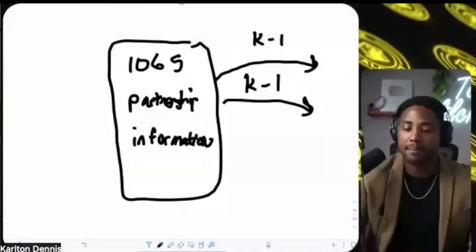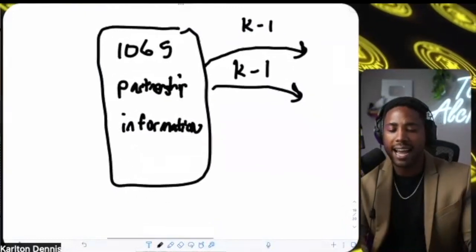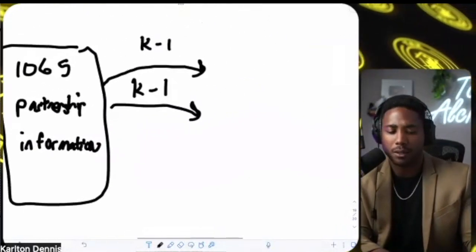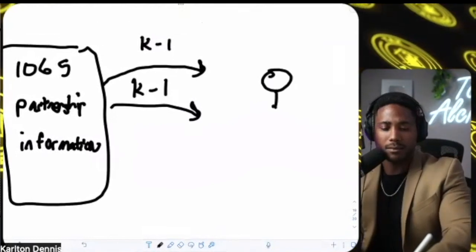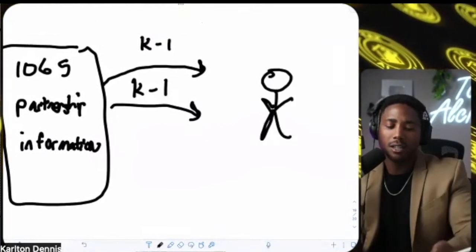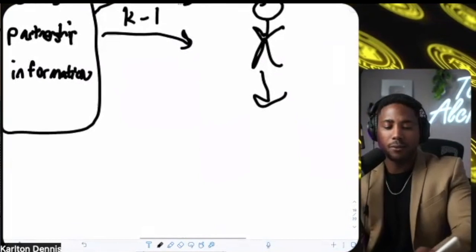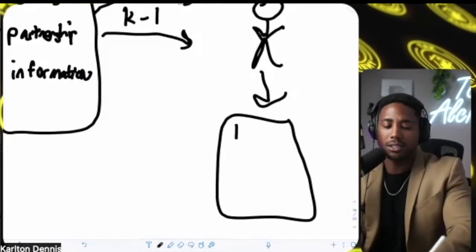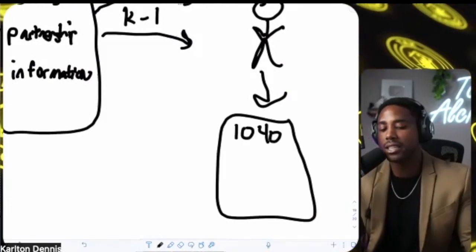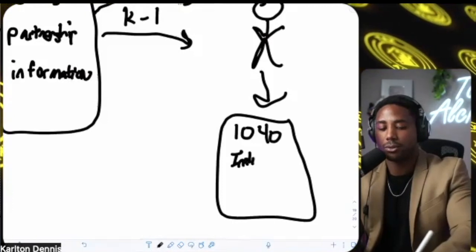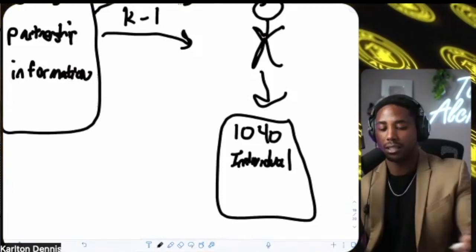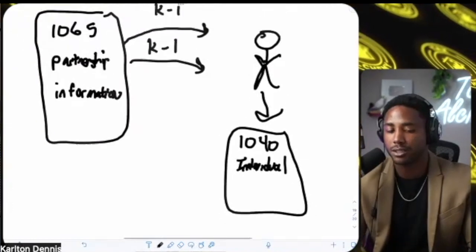So to make matters even simpler, after we receive a K-1 form, we as taxpayers are going to want to file our 1040 tax return. Our 1040 tax return is considered an individual return. Whether you're married or single, it's still considered an individual return.